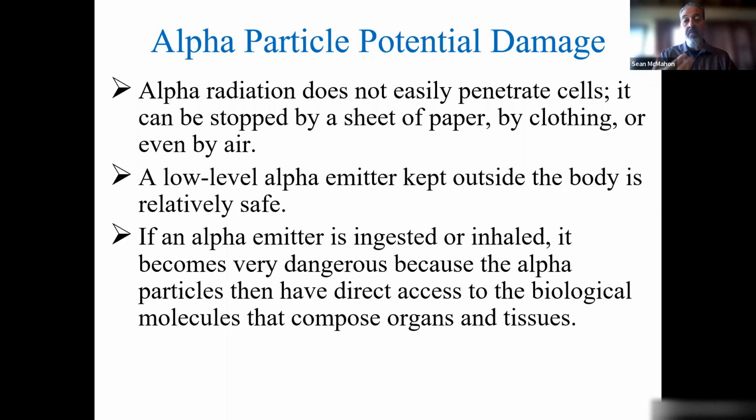The problem is if you ingest or inhale one, then it has direct access to cells, and that could be a problem. So typically you want to avoid ingestion or inhalation of high alpha emitters.